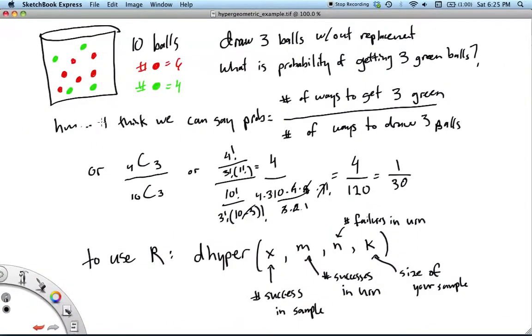Okay, probably people are going to flip out if I don't actually show the full formula for this. How would I do this?